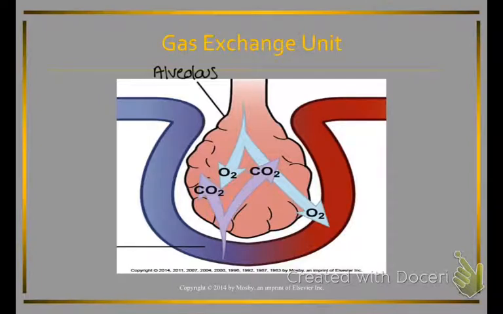We've got the alveoli right here, correct? Right here, the alveoli. What is this right here? Yeah. It's pulmonary artery, right? So those pulmonary arteries, where is that coming from? It's coming from the heart, right?